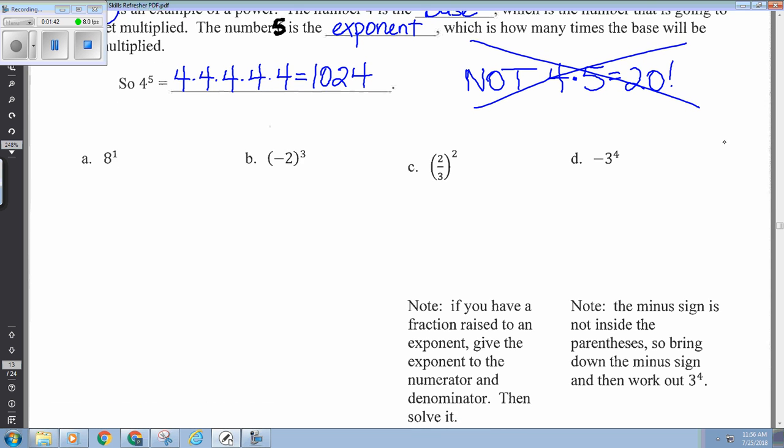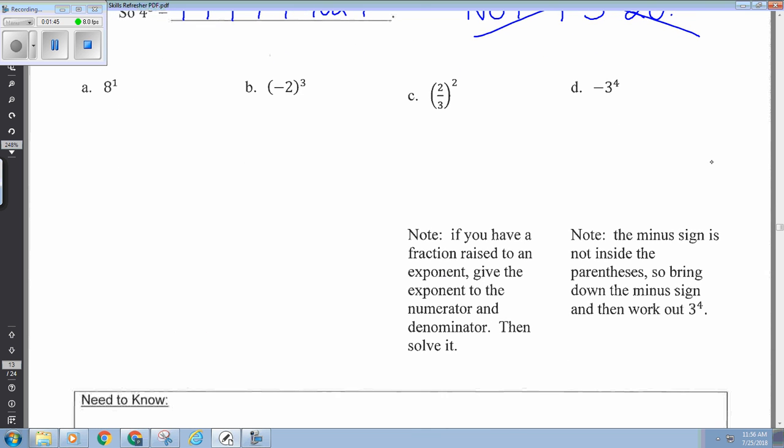So let's do a few examples with exponents. First off, 8 to the 1st power. Anytime you have anything raised to the 1st power, it's just that number. So 8 to the 1st power is 8. Next, negative 2 raised to the 3rd power.